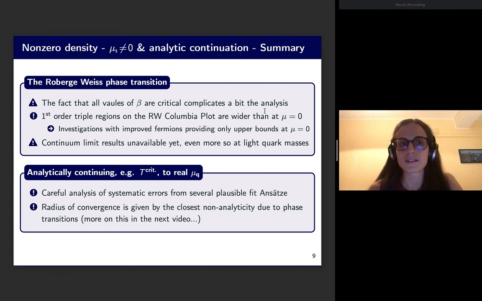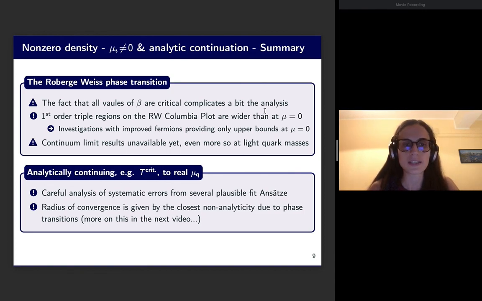But there is this fancy and interesting phase structure and these interesting symmetries of the partition function of QCD, which depend on the fact that the potential is imaginary rather than real. And then I have discussed, so I closed the loop back to my first slide, how one does analytic continuation of the transition temperature to real values of the quark chemical potential.